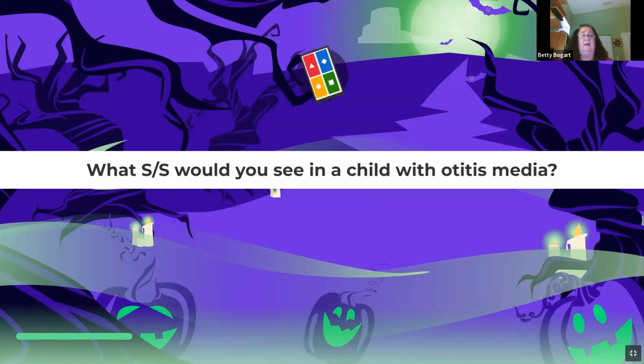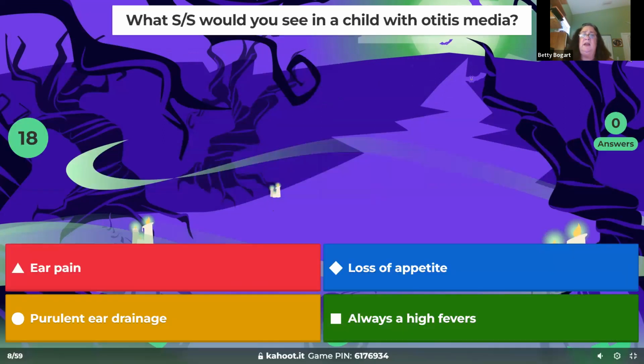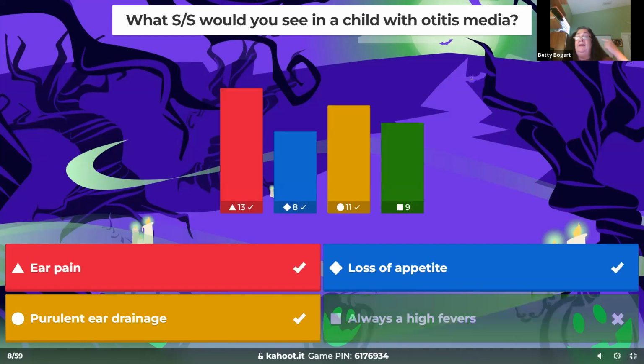Another multi-select. What signs and symptoms would you see in a child with otitis media? Pain, always pain.